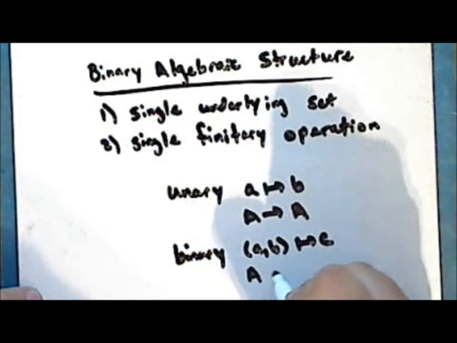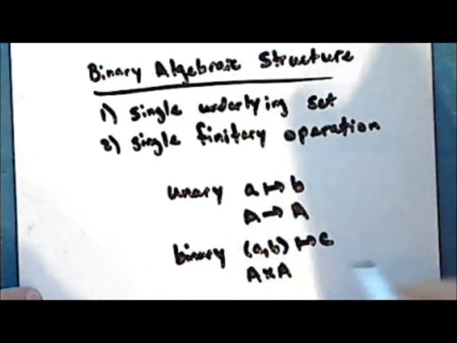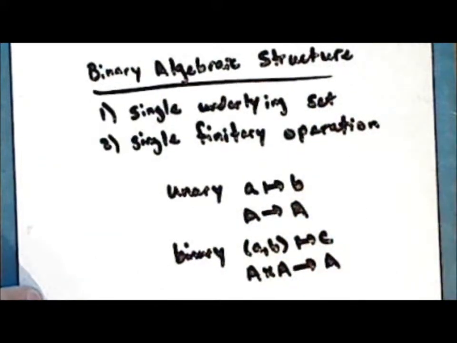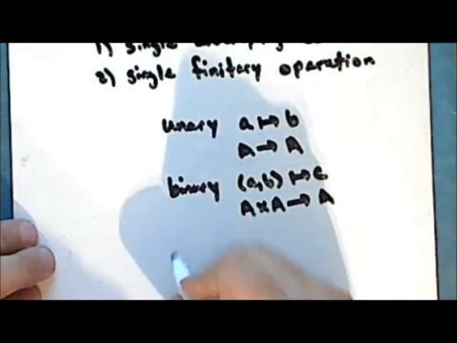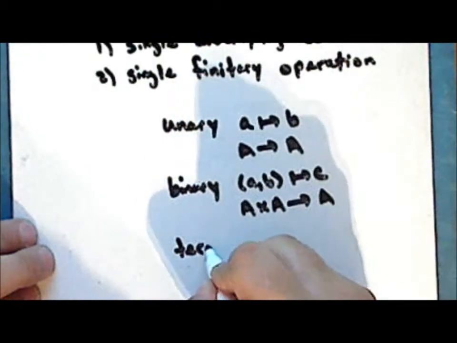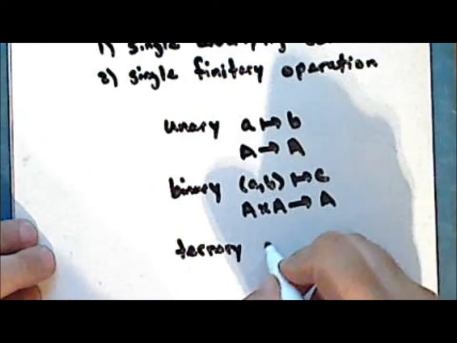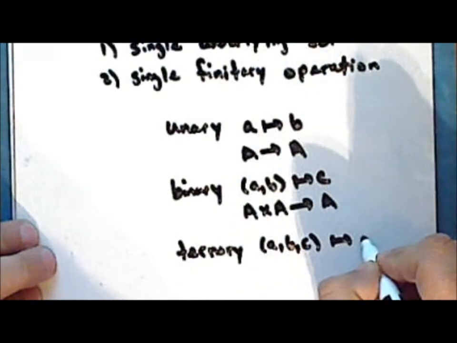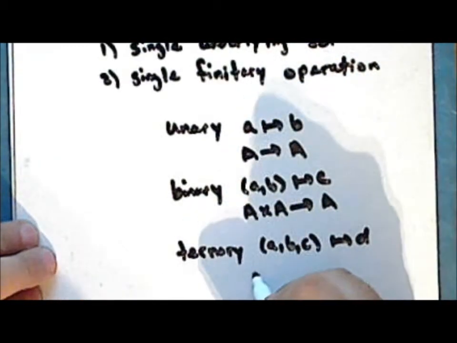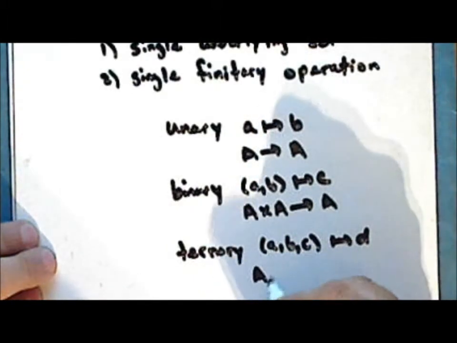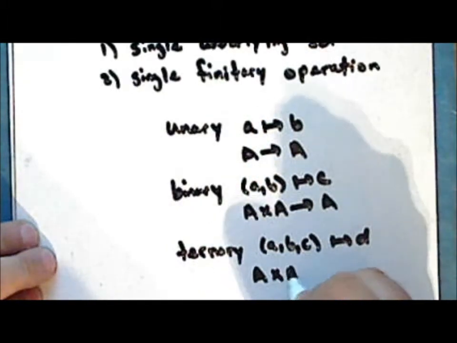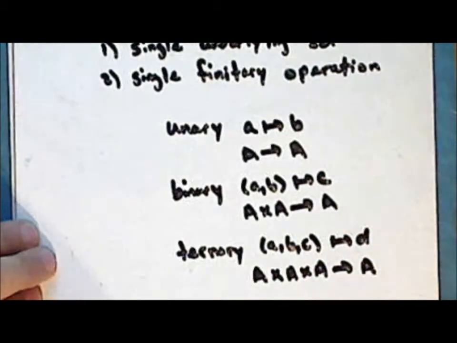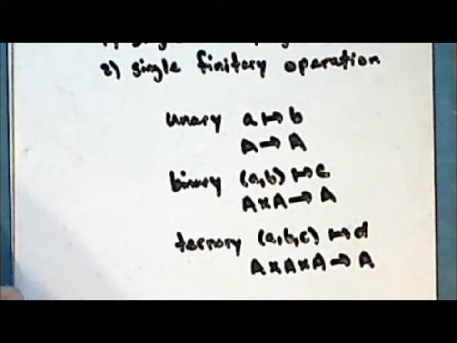For instance, a function mapping A cross A into itself. And then there is a ternary operation, which maps an ordered triple into a single element. And so again, as a function, it is a map from A cross A cross A back into itself. Now, our focus will be on binary operations.